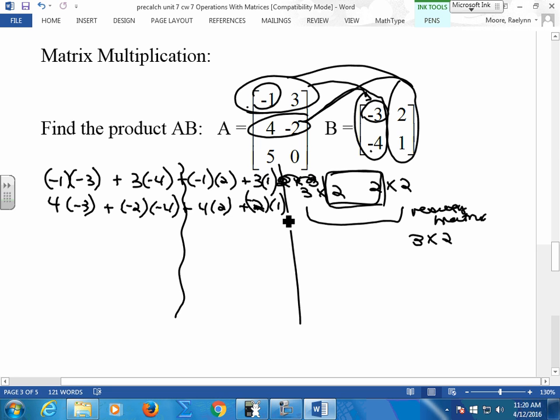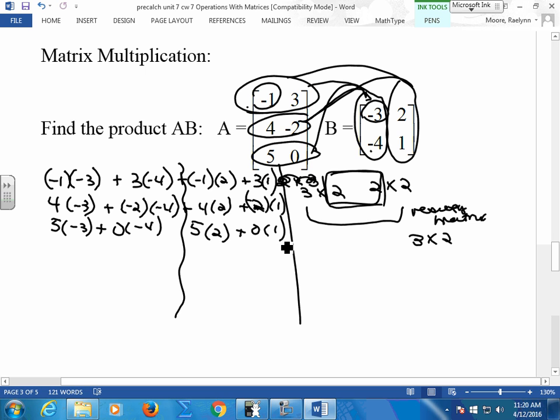Last row, row times column: 5 times -3 plus 0 times -4. Take a little break. Do the last column: 5 times 2 plus 0 times 1.